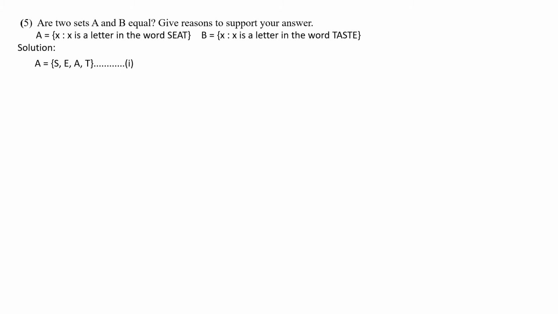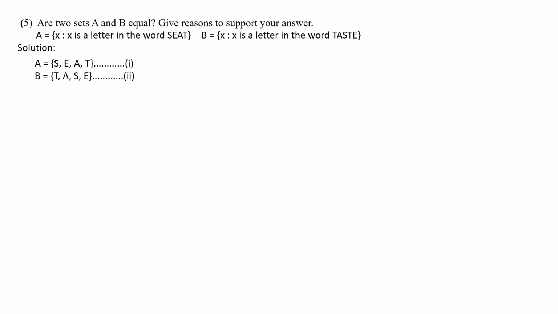Put it as relation number 1. Now set B, write in listing method. The word is taste, T-A-S-T, but repetition of elements is not allowed. So which letters will come? T, A, S and E. Put it as relation 2. Now if you see, all the elements of sets A and B are the same.